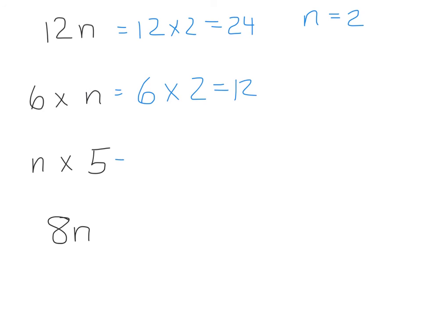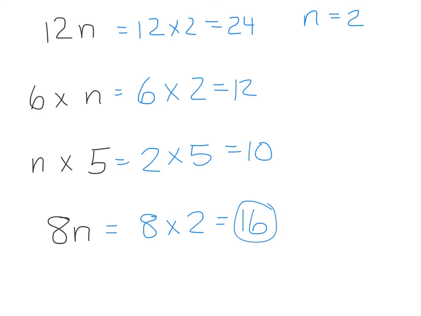In this one, we replace the n with 2, take it times 5, and we get 10. And in the last one, again, 8n means 8 times n, or 8 times 2, which is 16. So this would be evaluating the multiplication expressions when n had a value of 2.